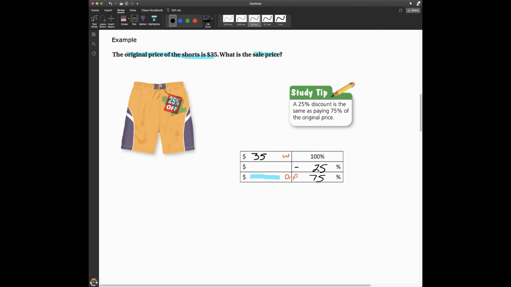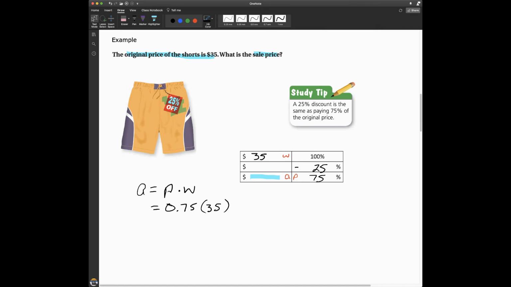And now we have two of the three parts of our percent equation. Okay, and we want to find A. We know the percent is 75%, and we write that as a decimal. And we know the whole is 35.